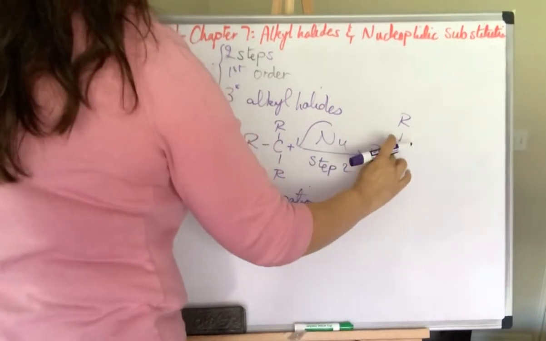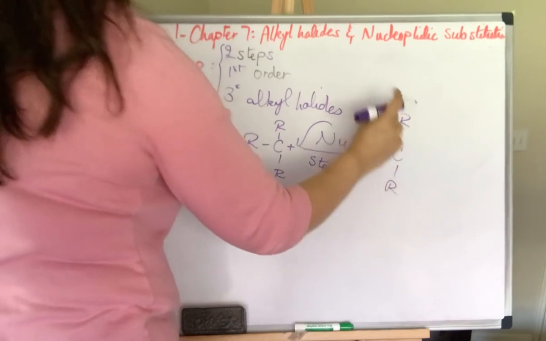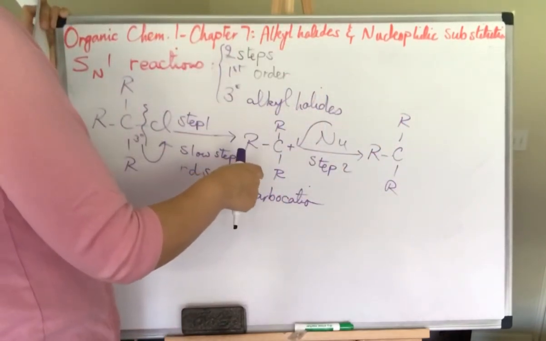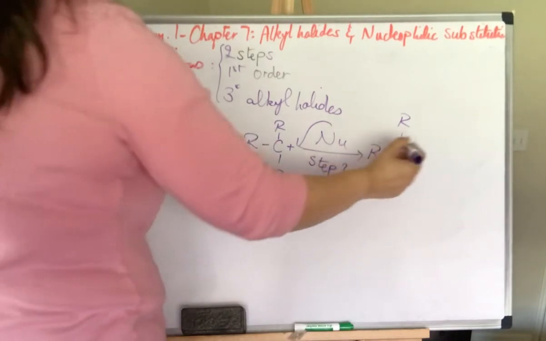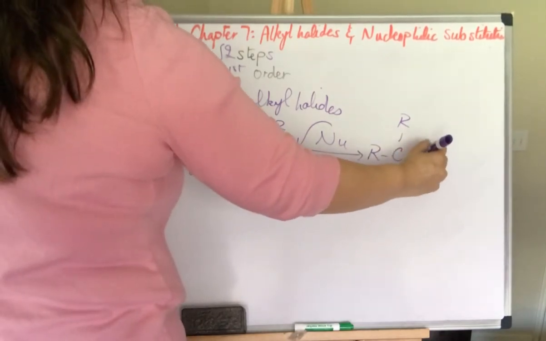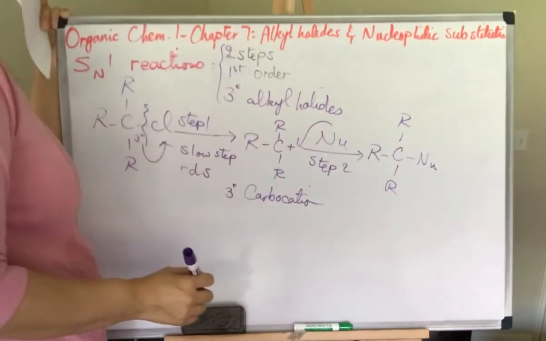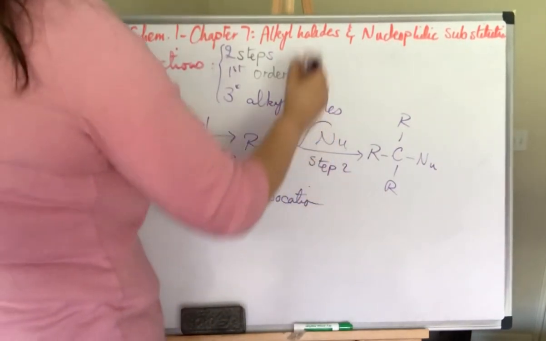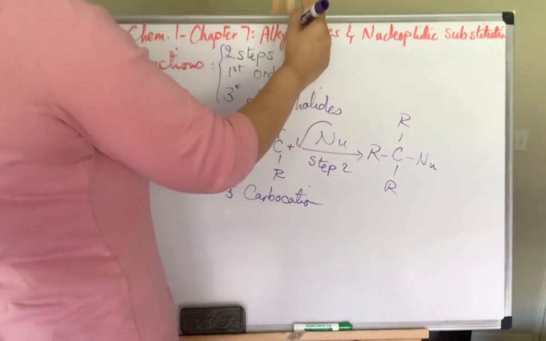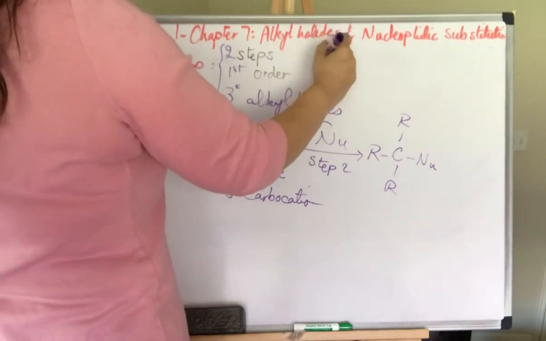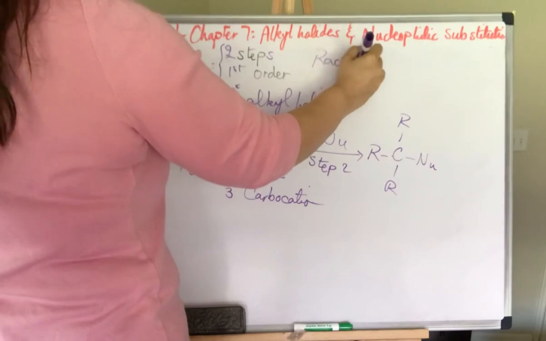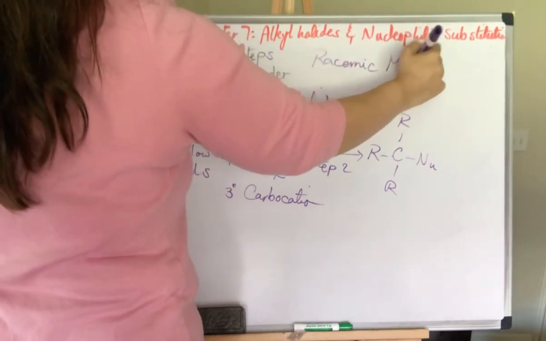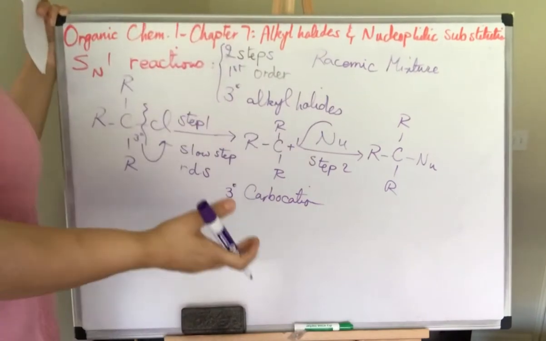Depending on which side of the molecule, which has 2 sides, the nucleophile attacks, it can form one of the configurations. So you will have a racemic mixture, instead of inversion of configuration that we had for SN2. The reaction forms a racemic mixture.